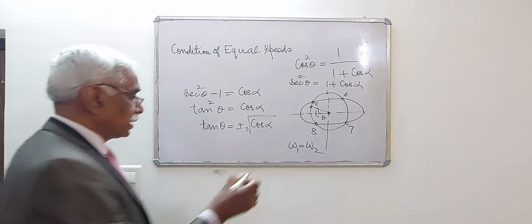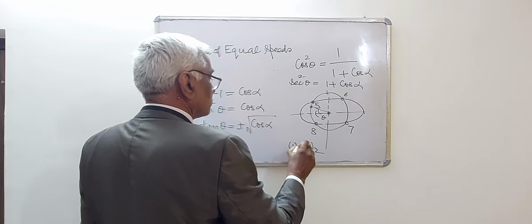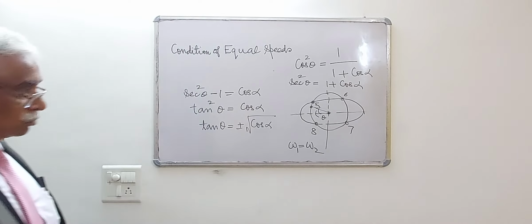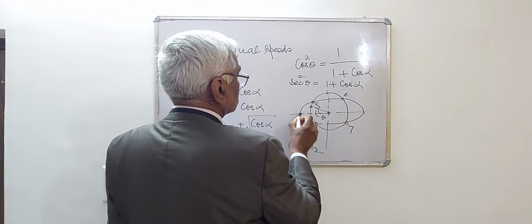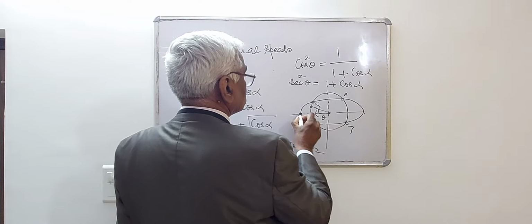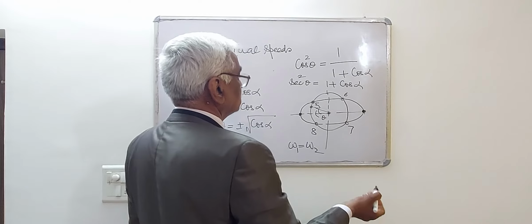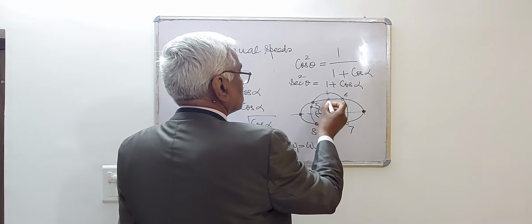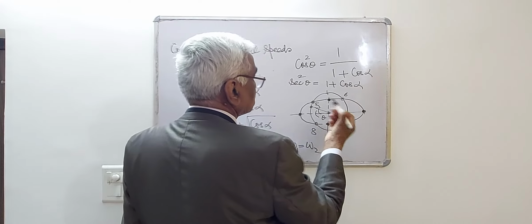At points number 5, 6 and 7, omega 1 was found to be equal to omega 2. At this point, the speed of the driven shaft was maximum. At this point also, the speed of the driven shaft was maximum. At these points, the speed of the driven shaft was found to be minimum.